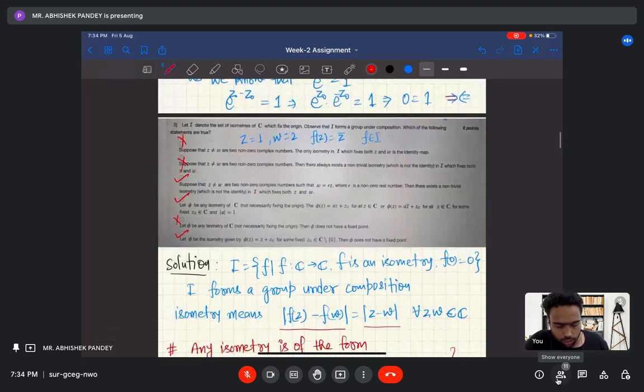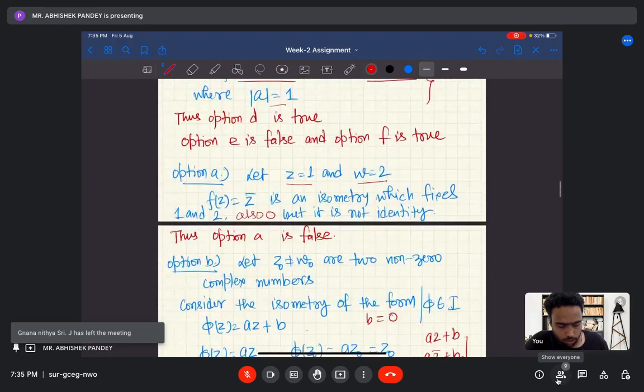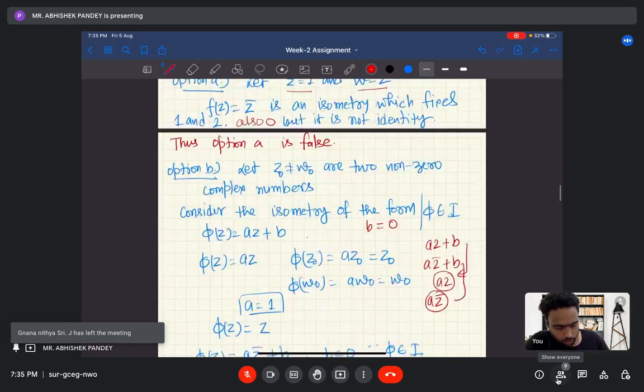Now the third question is, suppose that z is not equal to w are two non-zero complex numbers such that w equals rz, where r is a non-zero real number. Then there exists a non-trivial isometry in I which fixes both z and w. So geometrically you can understand this one.